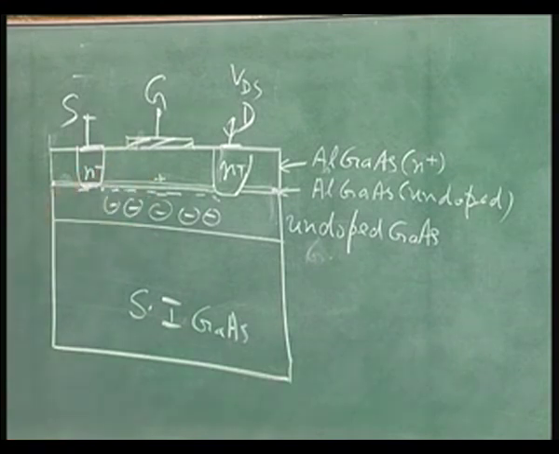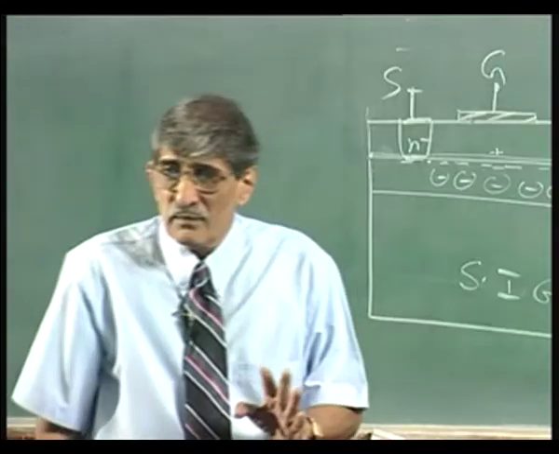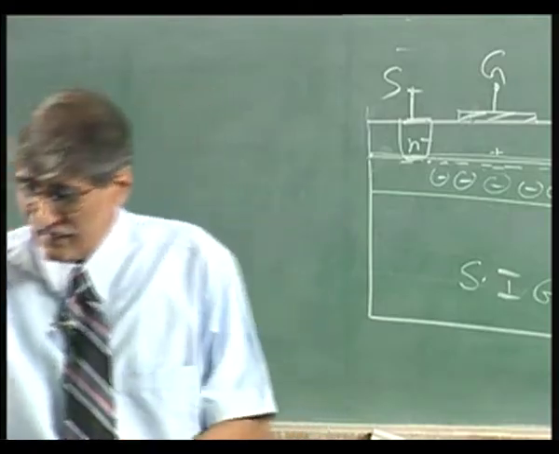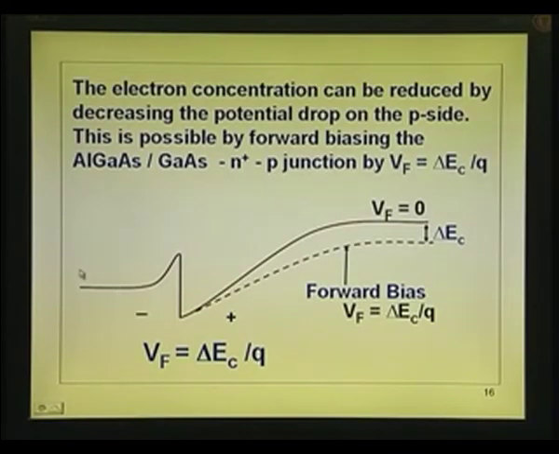Now, a few things we have to see here. As the diagram is shown here, it is flat. If it is flat, what is the meaning of that? There is no potential drop in the Hall gas. If there is no potential drop in the Hall gas, only this portion of aluminum gallium arsenide is depleted, the other portion is not depleted.